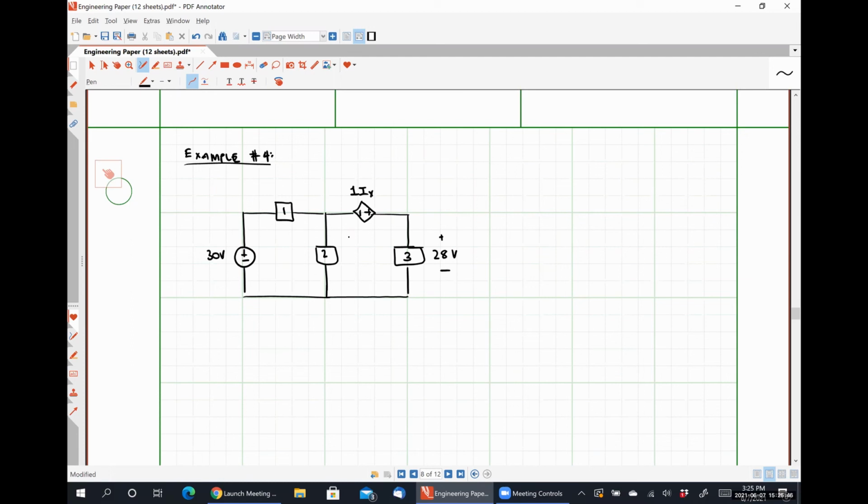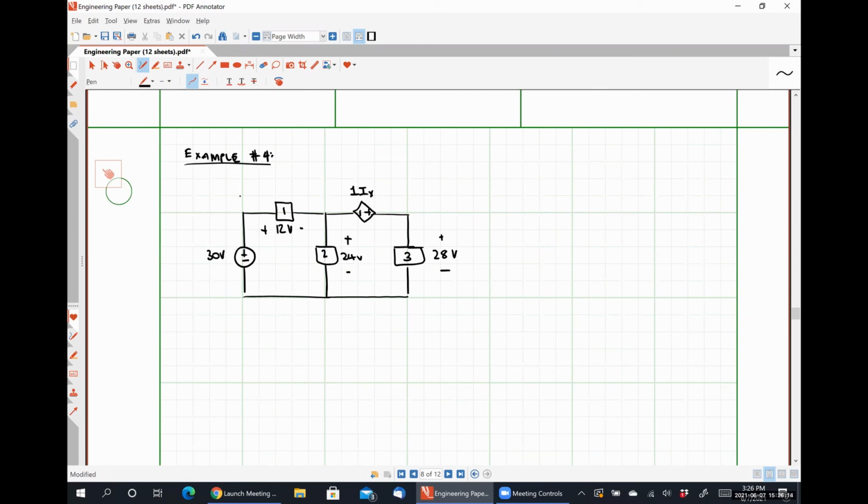The voltage drop over element 2 is 24 volts, positive polarity on top, negative polarity on bottom. The voltage drop over element 1 is 12 volts, positive polarity on the left, negative polarity on the right.